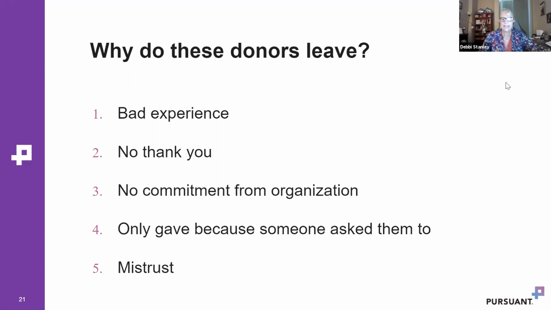They think there's too high overhead, or fill in the blank. But these top 4 reasons are things we can do something about. We can improve those experiences: sending a thank you, no commitment from the organization, just again, talking about those outcomes, and only gave because someone asked them to.